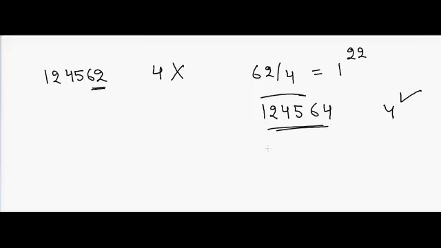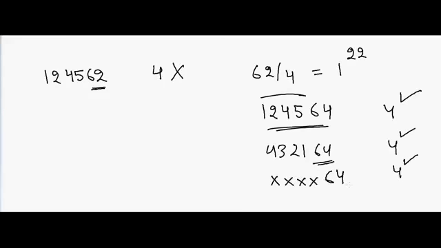I can write 4, 3, 2, 1, 6, 4, then again it is divisible by 4, or I can write anything x x x x and 64, then this number should also be divisible by 4. So I have to look at the last 2 digits to check if the number is divisible by 4 or not. In this case it is not.